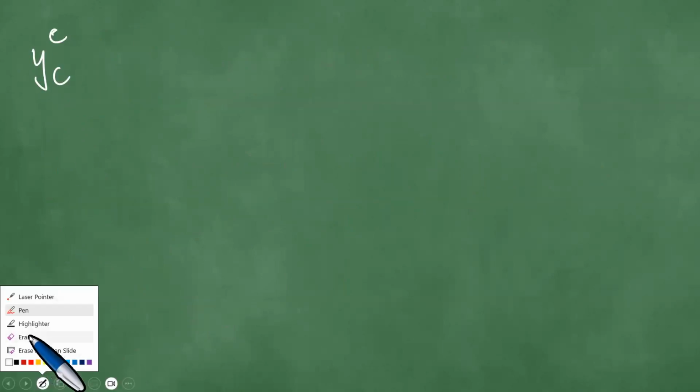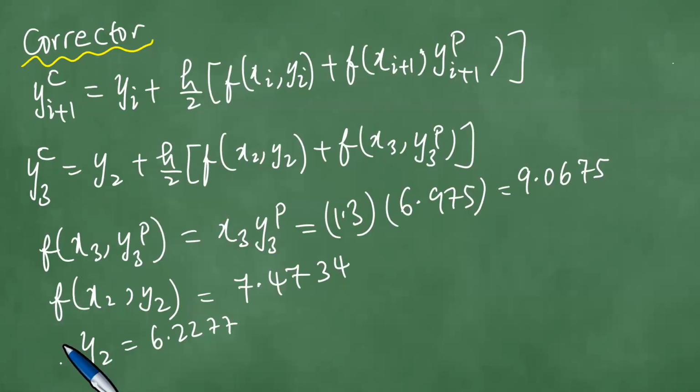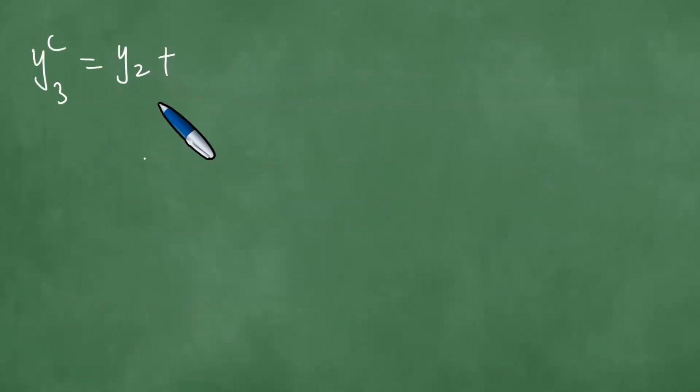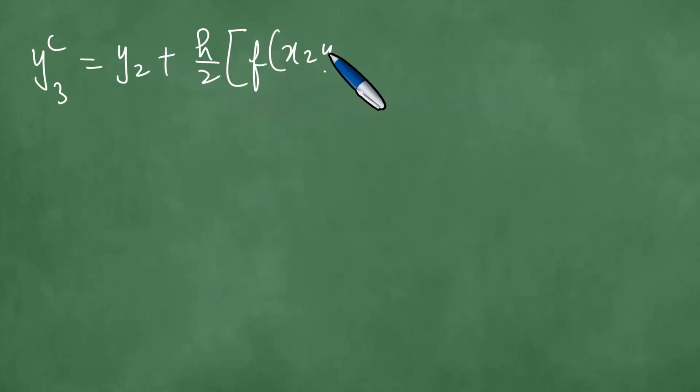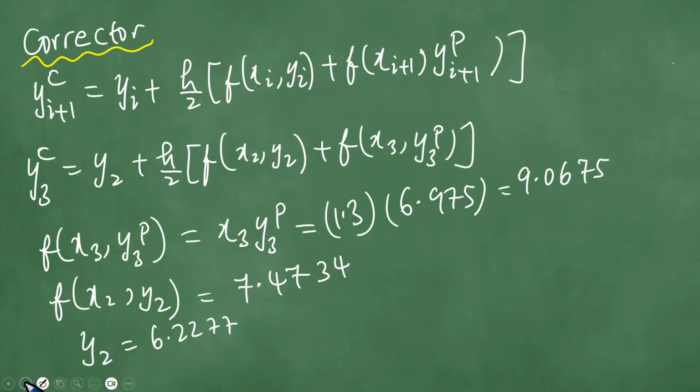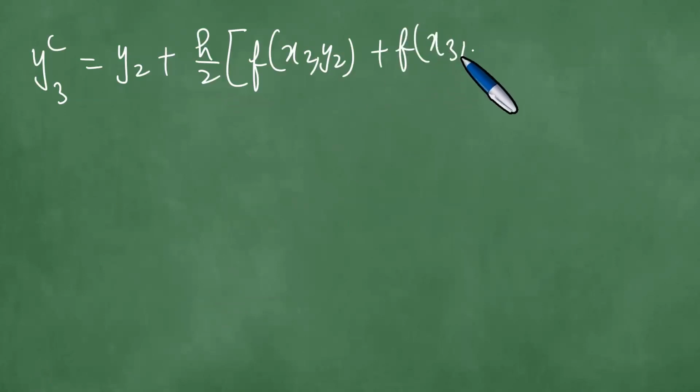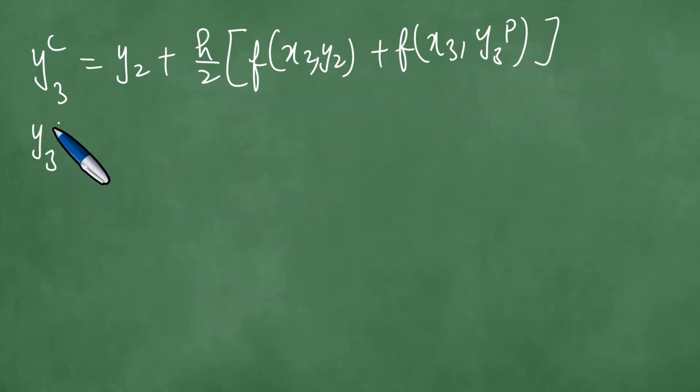So we have y3 corrector. Having y3 corrector is the same as y2 plus h over 2, and then you have f of x2, y2 plus f of x3, y3 predicted, which means we can plug in everything here.